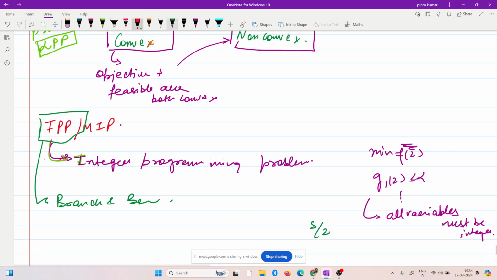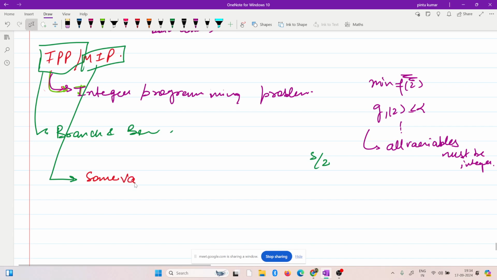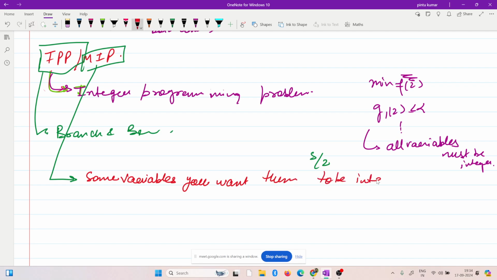The second thing is called mixed integer programming. In mixed integer programming, some variables you want to be integers, and for others you don't care.